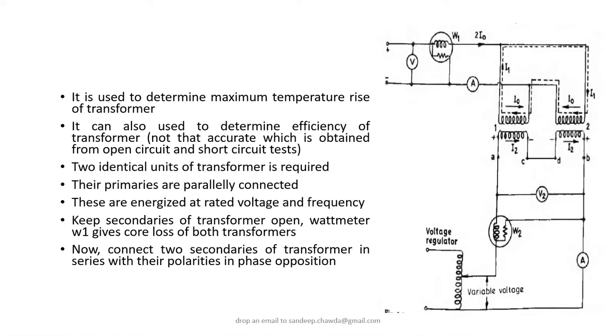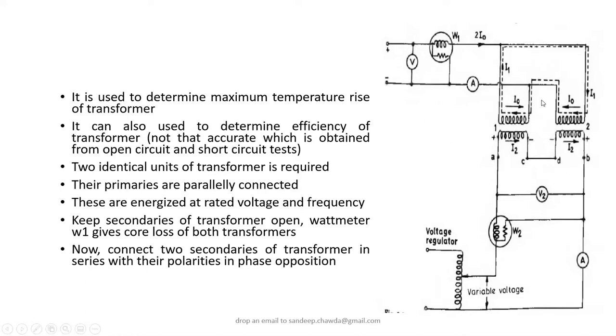For conducting this Sumpner test, we require two transformers and they should be identical. So two identical units of transformer are needed for conducting this test. You could see here we are having two transformers. This is one transformer, this one is another transformer, and if you pay attention to this circuit diagram, the primary and secondary are connected in a certain fashion.